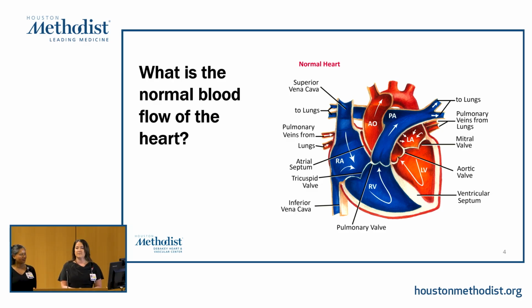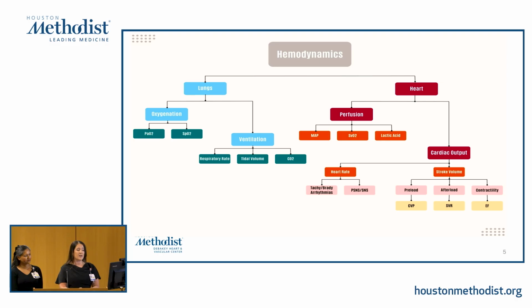So I know it seems kind of basic, but it's always good to refresh and just have a visualization of this. So as we move forward and we're talking about the different parts of hemodynamics, you can kind of see where we're at. Another way, if you're more of a visual learner like myself, to look at hemodynamics, here's basically a chart that we will be referencing throughout the presentation as well, split between lungs and the heart.